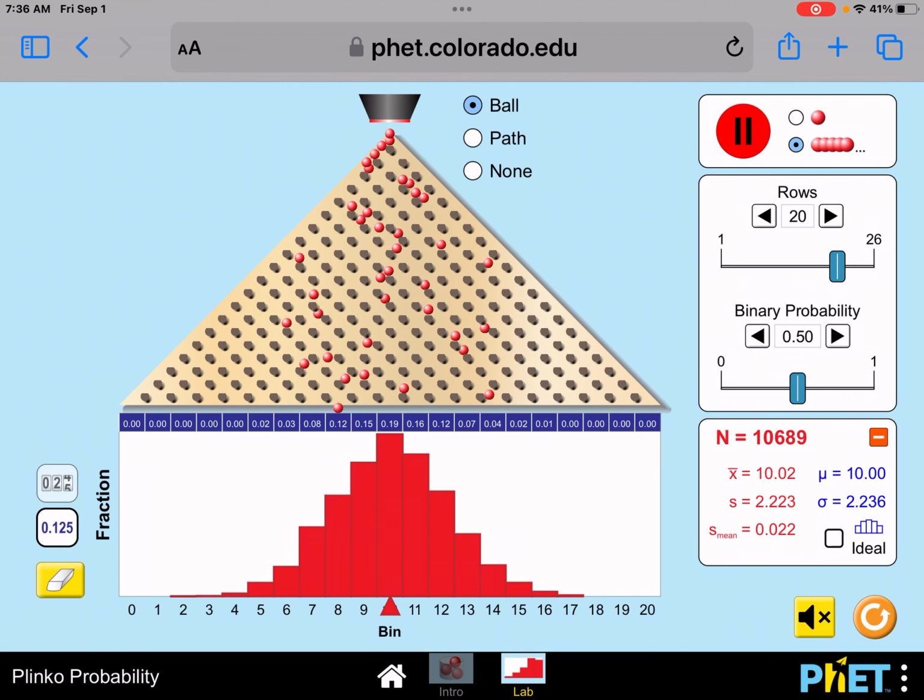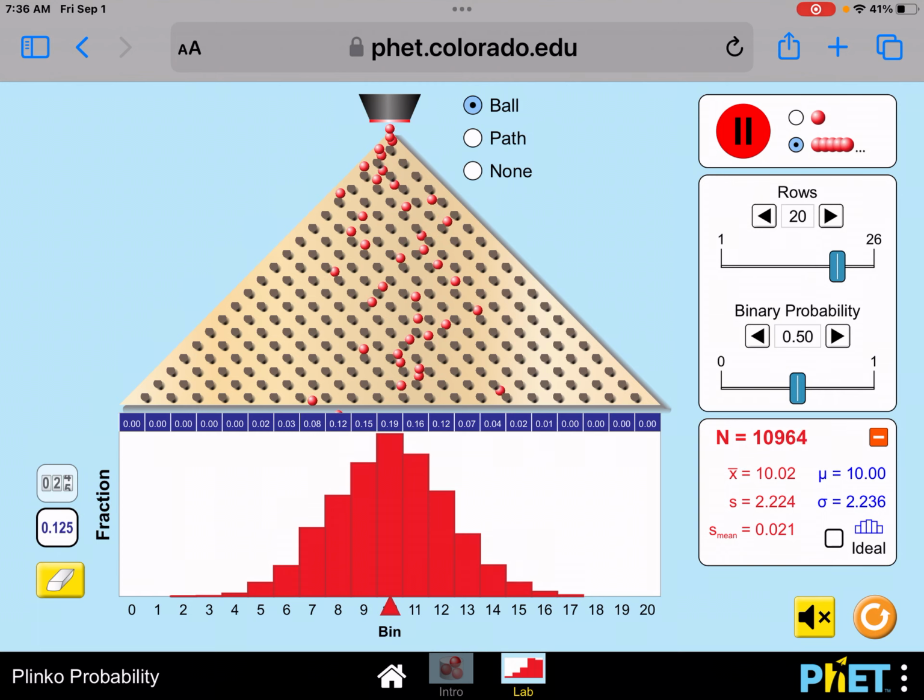But when we look at the behavior of the collective, all of the balls, things actually behave in a very predictable manner. They're forming a normal distribution if you keep track of how many balls fall into each bin. So notice that not only is this roughly symmetric, but it seems to be just extremely, extremely symmetric. I think that this distribution, where these balls are falling, is following a normal distribution.